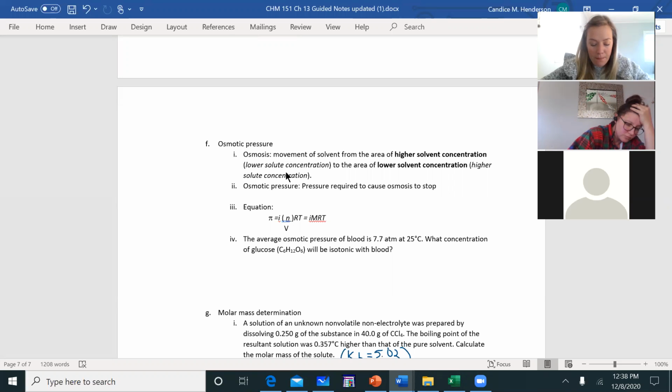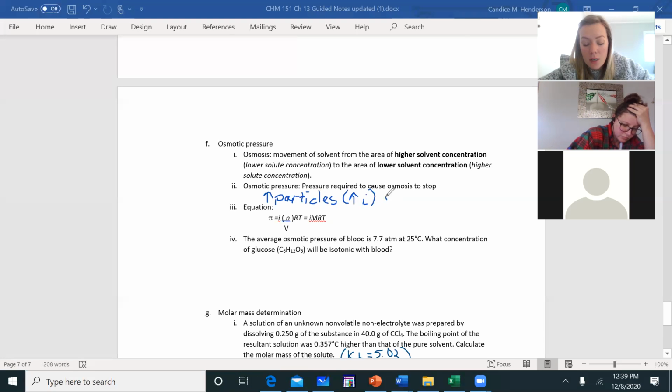Now, how does this relate to the amount of particles that we have? Well, if we have more particles, an increase in particles, or we can also say an increase in our I value, our van't Hoff factor, that is going to equate to an increase in our osmotic pressure.